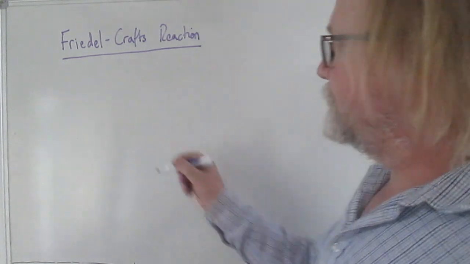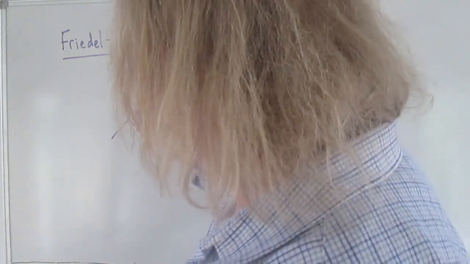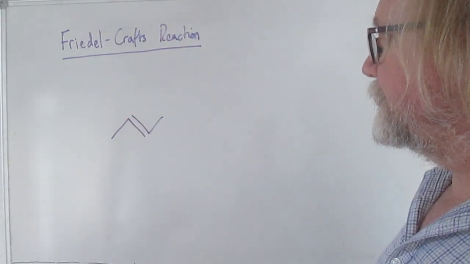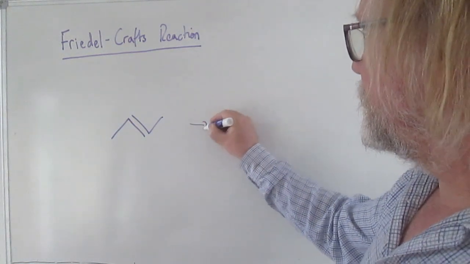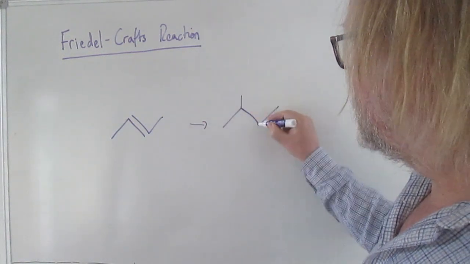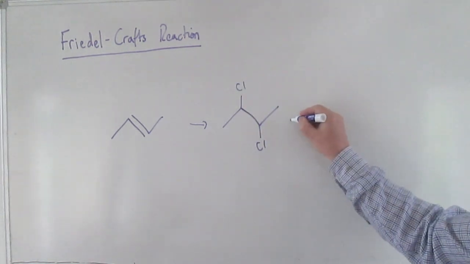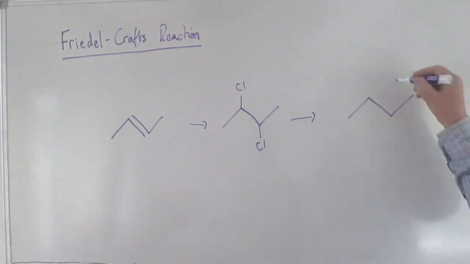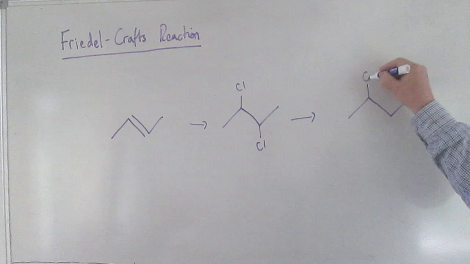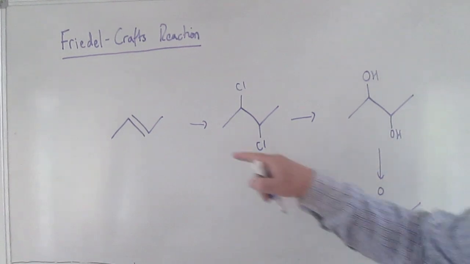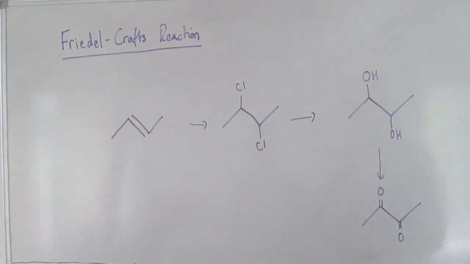So, for example, if we start with this compound, it's got a chain of 4 carbons, and we can, for example, react it with chlorine to give you this compound, but it still has a chain of 4 carbons, and then you can convert that into this compound, and then you can convert that into this compound, and so on. So you've learnt lots of reactions, but all of them leave the actual arrangement of carbons the same.